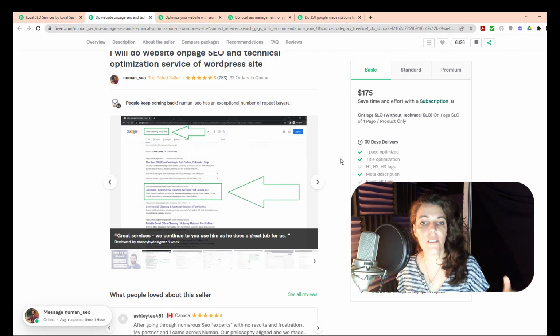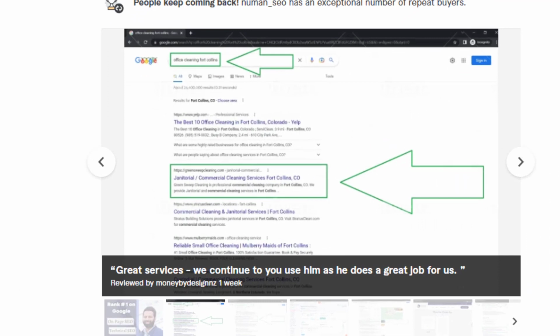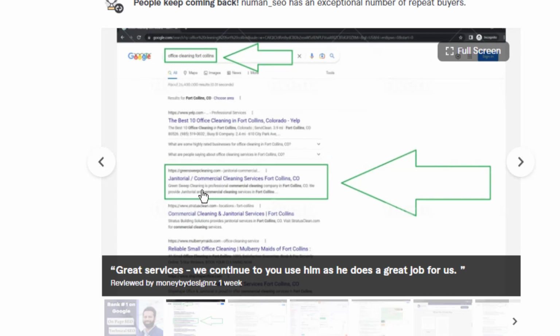But notice that it's just screenshots. And then he just went ahead and put green boxes and green arrows pointing to, here is the ranking number one. This dude is ranking number one for janitorial commercial cleaning in Fort Collins, Colorado. That's pretty amazing. So it's evidence that ranking number one on Google is working.